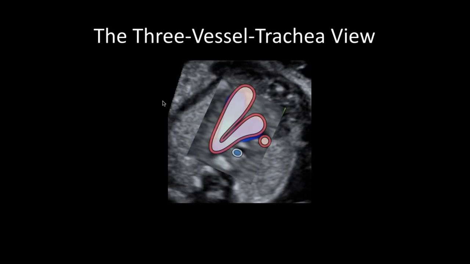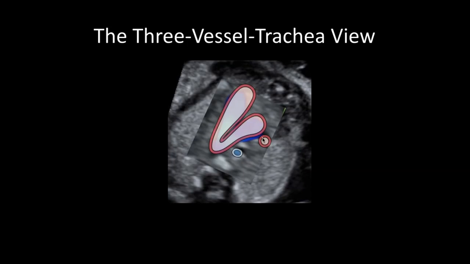This is the spine right here, left side and right side. The pulmonary artery is the anterior vessel that gives rise to the ductus arteriosus as it connects with the descending aorta. The ascending aorta is located somewhere in the mid-chest, medially, and then it gives rise to the aortic isthmus as it connects with the descending aorta. And these two great vessels meet in a V-shaped configuration at the level of the descending aorta.